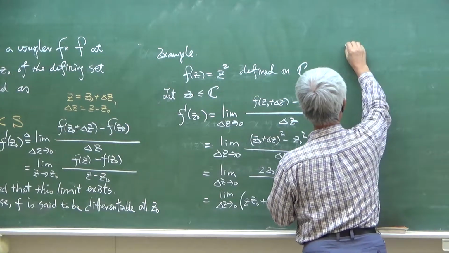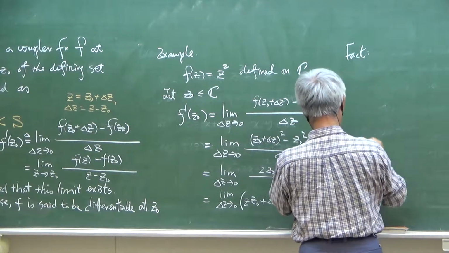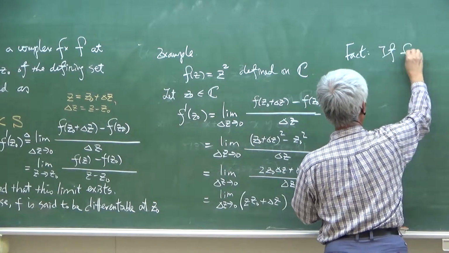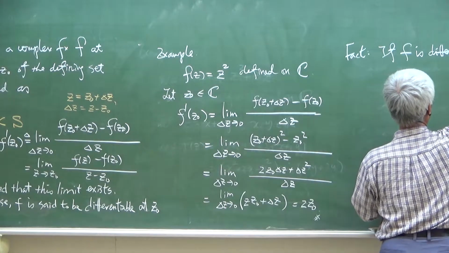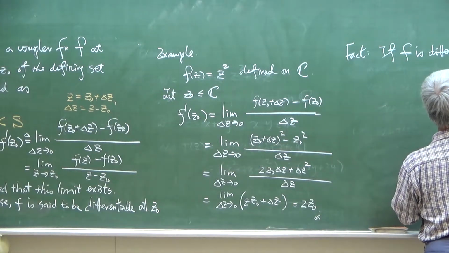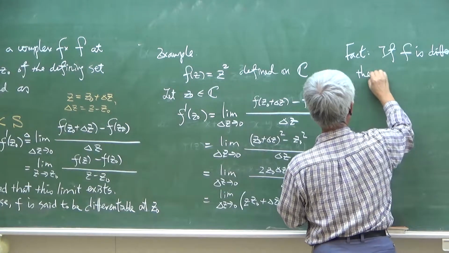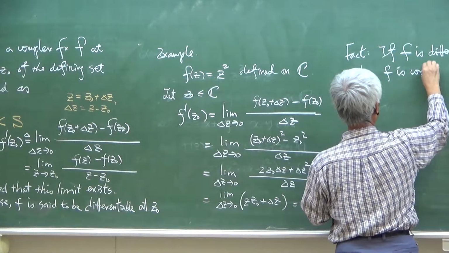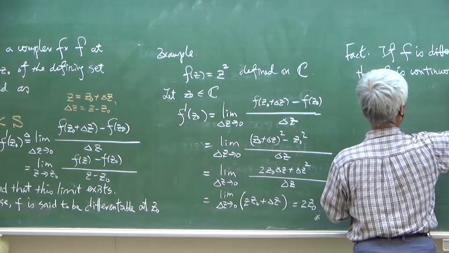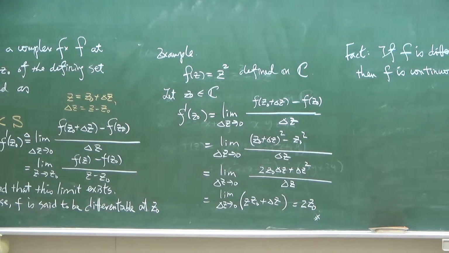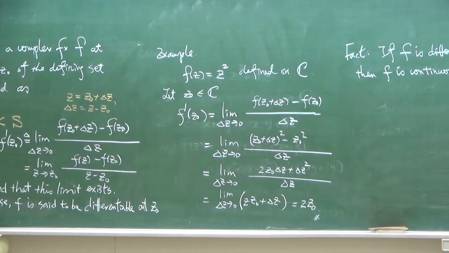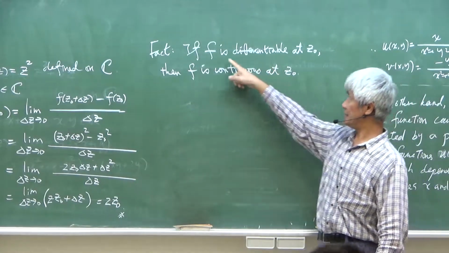Okay, and a fact is that if f is differentiable at z0, then f is continuous at z0. Whenever we see a statement saying f is differentiable at z0, it implies that z0 is an interior point of the defining set of f.